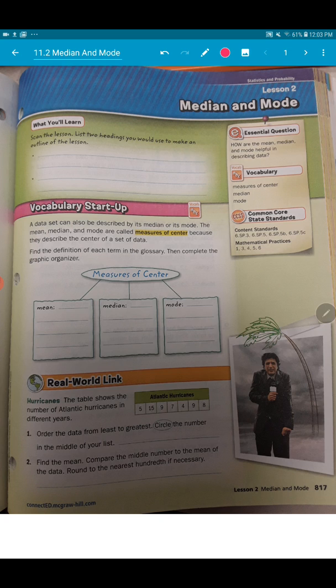So if you were to look in the glossary, you would see the mean. Remember, we kind of describe mean as the average, but the glossary says it is the sum of the numbers divided by, I'm shortening this, the number of data pieces.